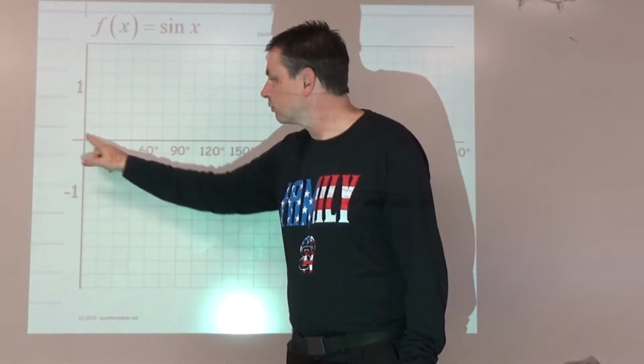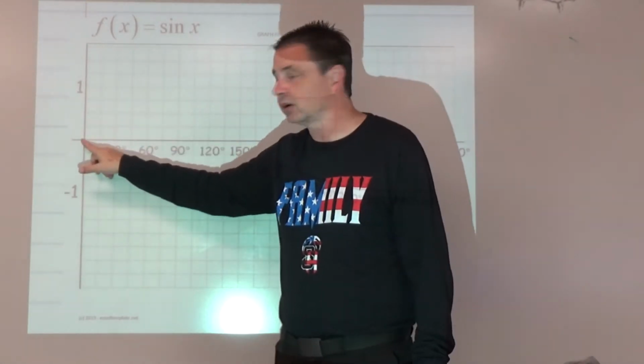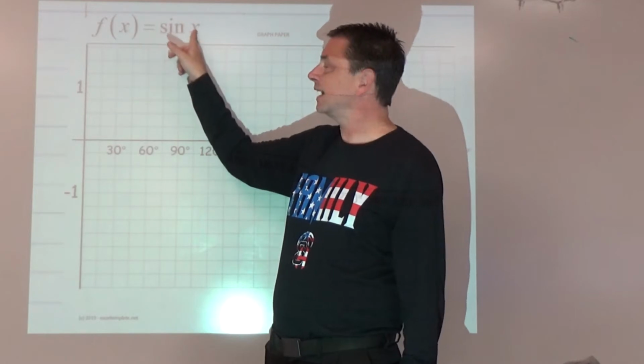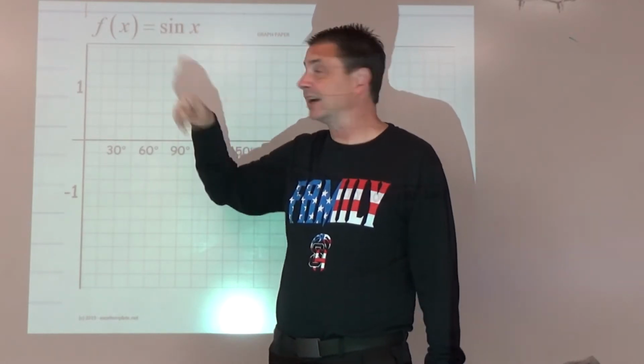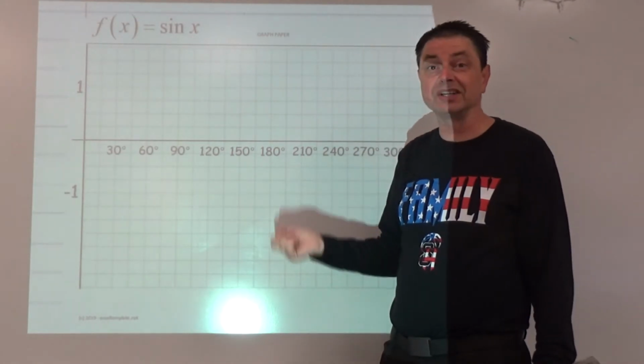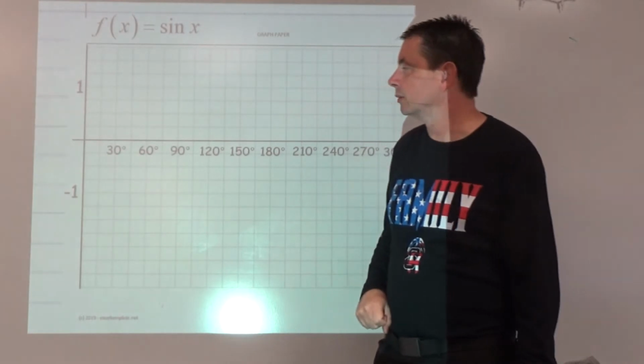If we go back for a second, or you look at your paper plate, we're going to start here at 0, x, substitute f of 0, sine of 0. We're going to look for the y coordinate by evaluating the sine of 0. Well, the y coordinate at 0 degrees is 0, so we would have a point at 0, 0.